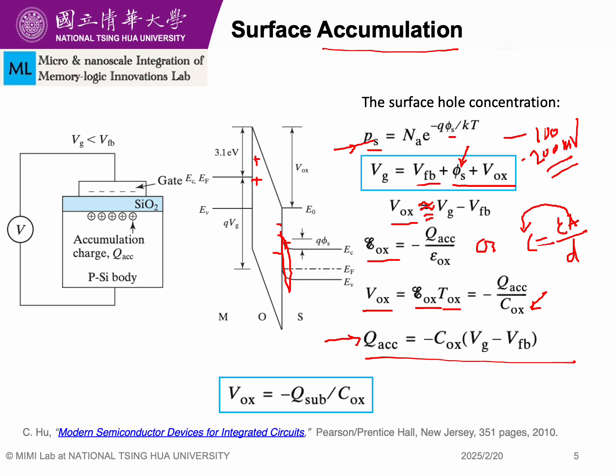So the drop across the oxide can be simplified and written as the substrate charge divided by the capacitance of this oxide. And you have to remember that this capacitance is the capacitance per area.